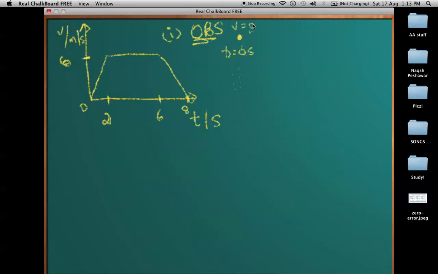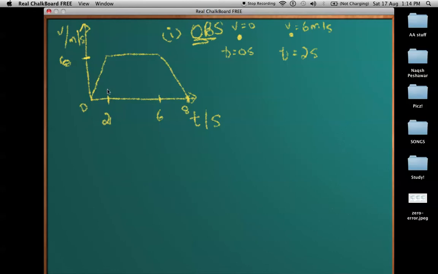Now we can see the velocity is increasing. The height is increasing with an increase in time. At time t equals 2 seconds, the velocity comes to 6 meters per second.